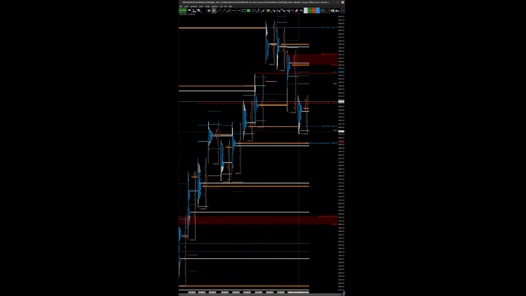50% extension. Typically, if you can't extend and you get a rejection back into it, so you go past 50% and back in, then that's it, right? The market can't really do much more, can't get to 100% of initial balance. So you have two rules, right? You have the rule where you can't even get to the 50 and it rejects, then you usually get a neutral day, or you have the rule where it extends past 50%, but it can't even start making its way towards the 100%, right?